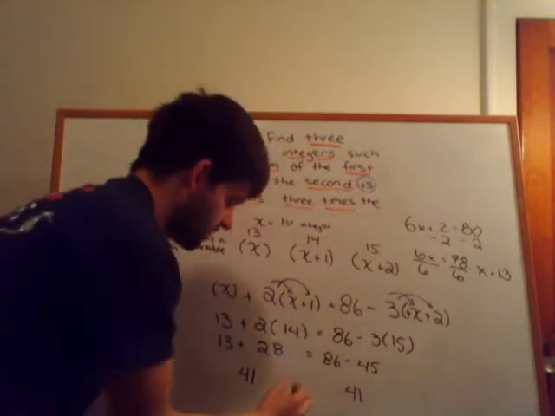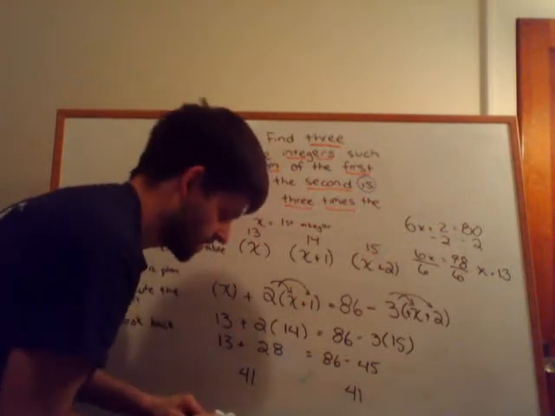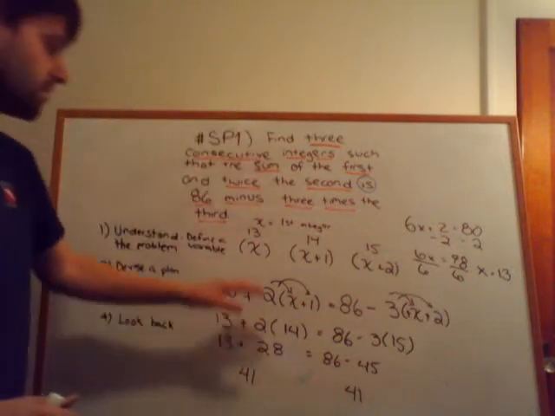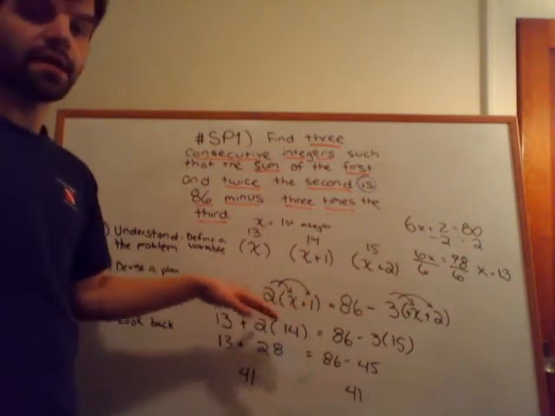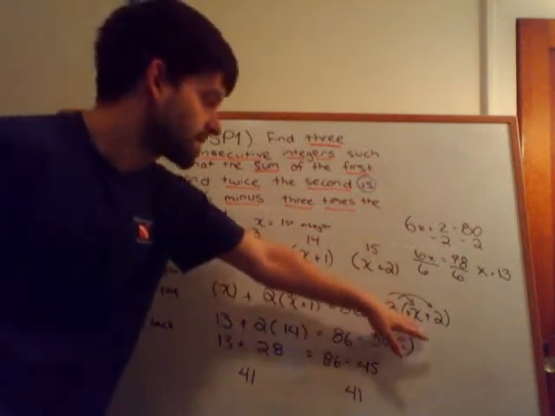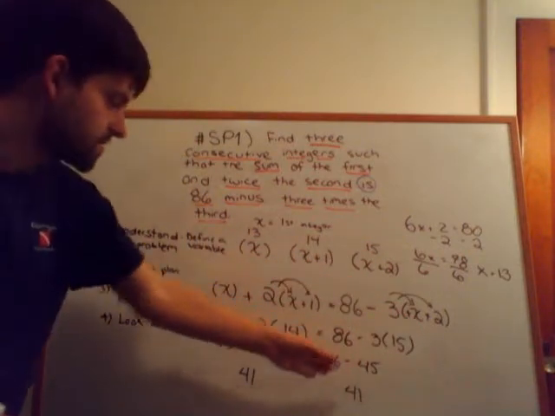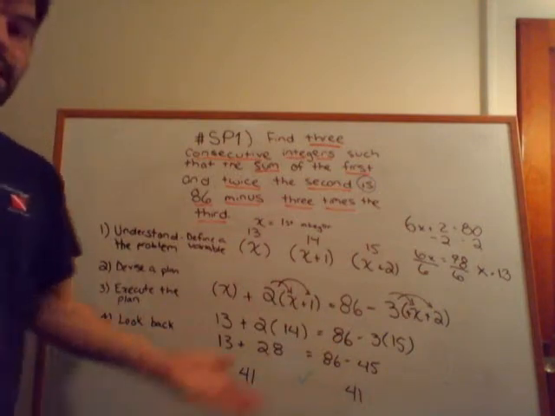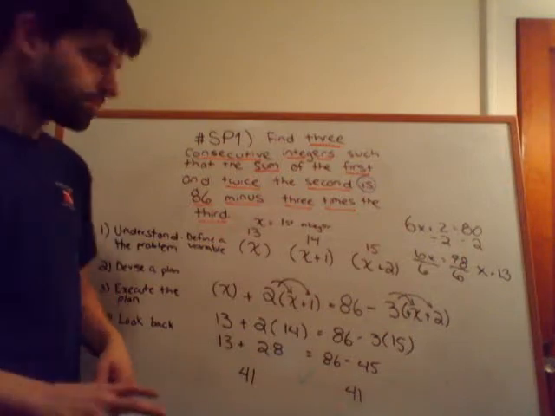So this is how we can definitely check to make sure our answer works. When we plug in the variables and the consecutive integers to their corresponding algebraic symbols, being the x, x plus 1, and x plus 2 for the 3 consecutive integers, and the equation is balanced on both sides, then we have done the question correctly.